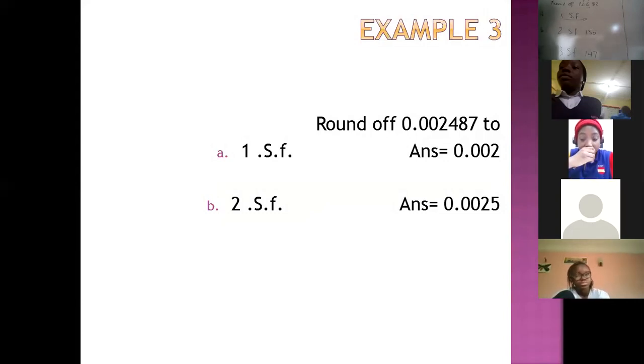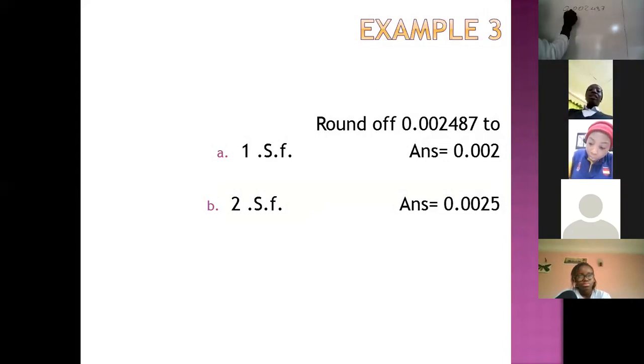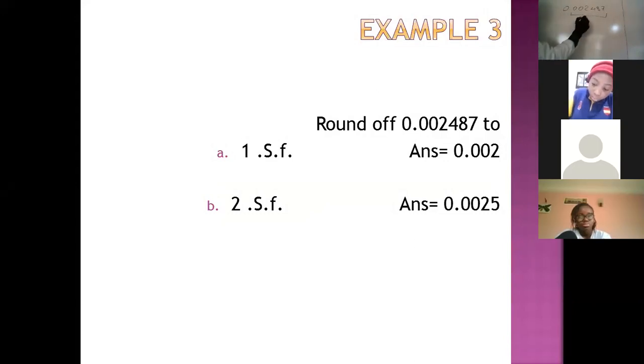Look at what I'm saying. 0.002487. This side is called the decimal fraction.